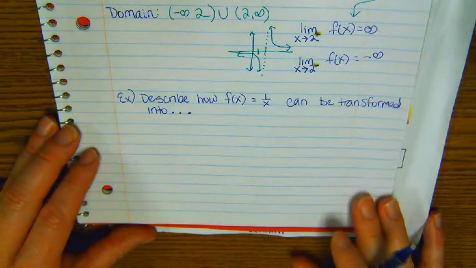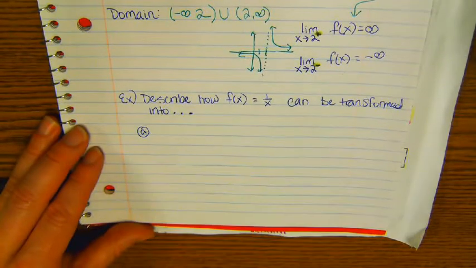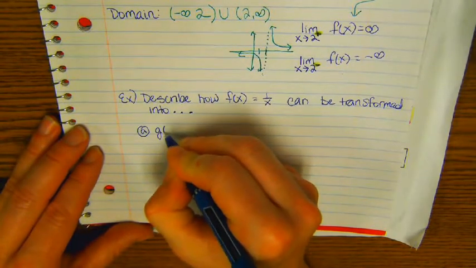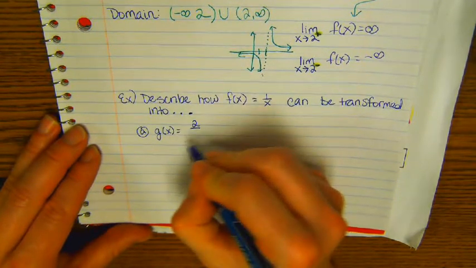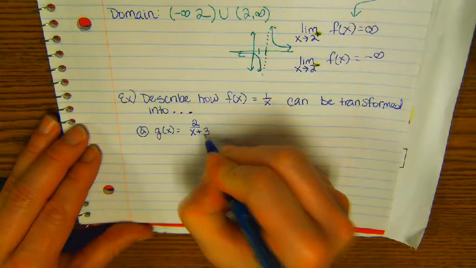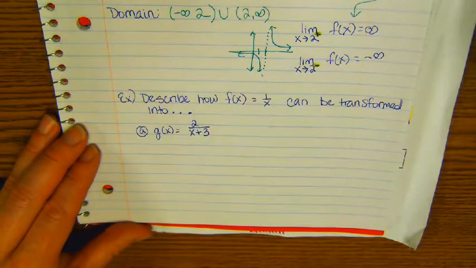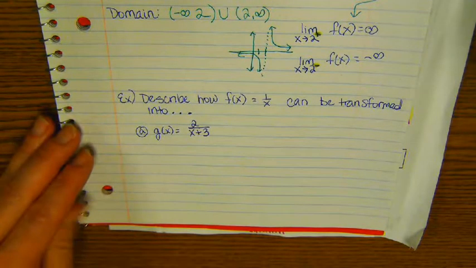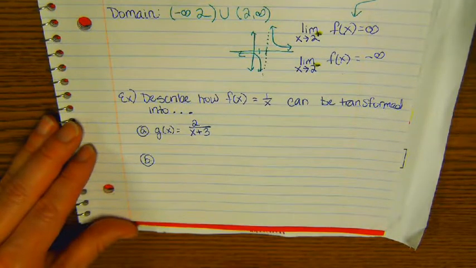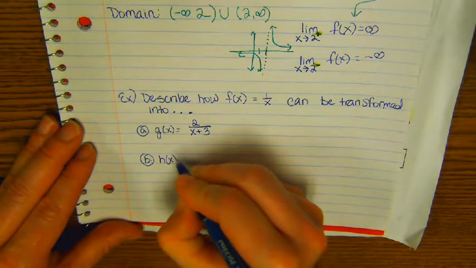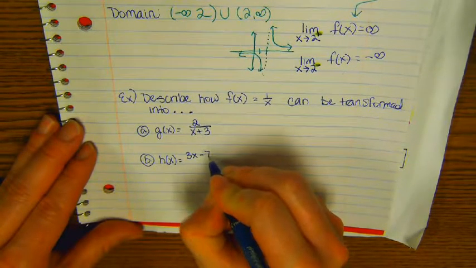The first function we're going to look at is g of x equals 2 over x plus 3, and the second one is not going to be as obvious, so we have to use something from our previous lesson. It's going to be 3x minus 7 over x minus 2.